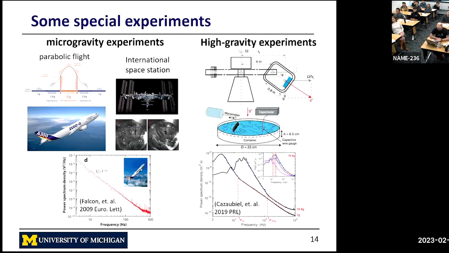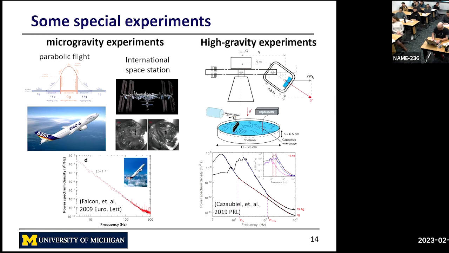And there are two ways to do it. One is called a parabolic flight. So what they do is that they have a plane that makes a maneuver like a parabola. If they do that, it basically means that I'm following a free fall of my plane, meaning that I have a zero gravity environment where I can do this experiment. So they only have about 22 seconds to do the experiments in this time window.